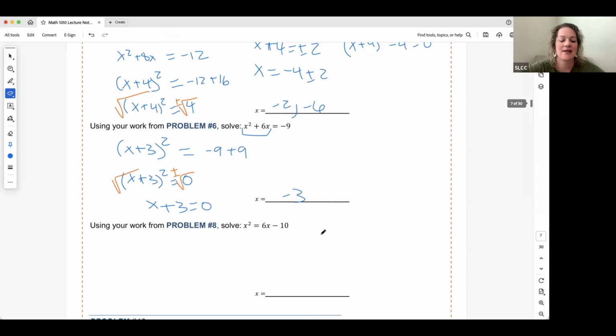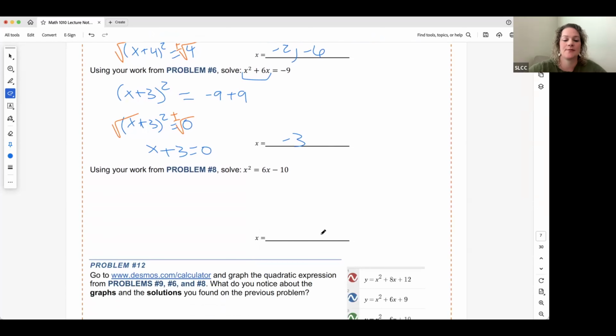Now let's look at the one from problem number 8. Same idea, you want x squared minus 6x on one side, and then the negative 10 on the other. X squared minus 6x. When you complete the square, that would be x minus 3 quantity squared.